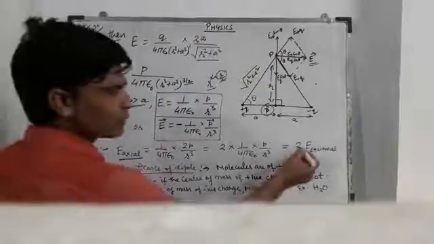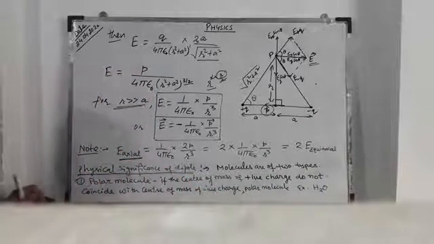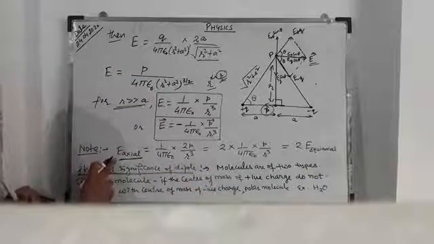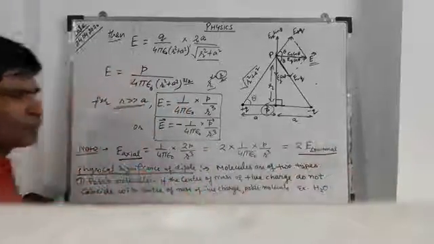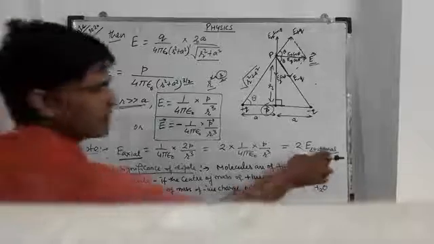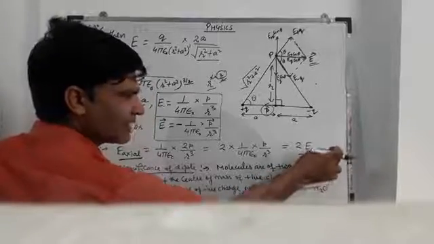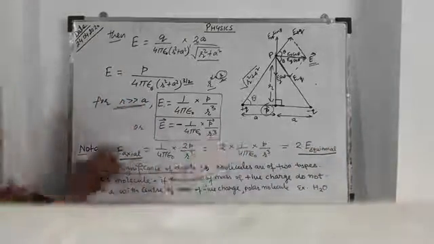Then we get 2 into equatorial electric field. Then we get E axial is equal to 2 times the equatorial electric field, so E equatorial is equal to E axial upon 2.